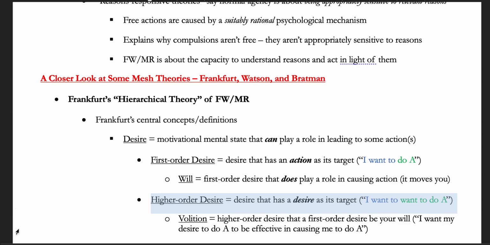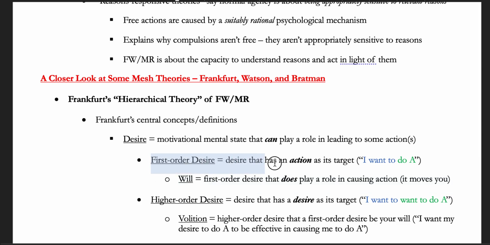But a volition adds a little more: not only do I want this desire, but I want that desire to be my will. I want that desire to actually be effective in causing me to act. So think of an addict. Not only do they want the desire to quit, they want their desire to quit to be their will, to be effective in their actions, to actually have influence on helping them quit.